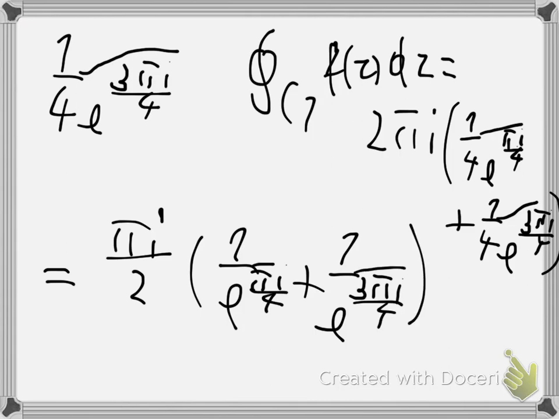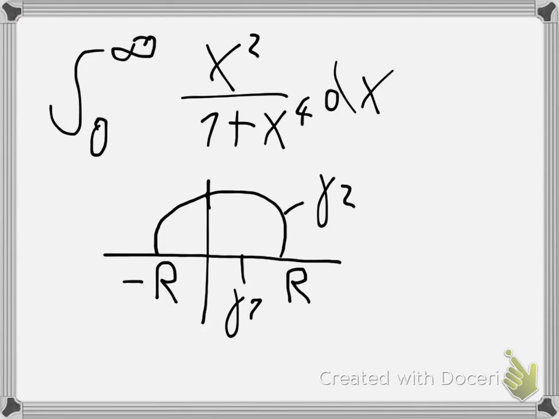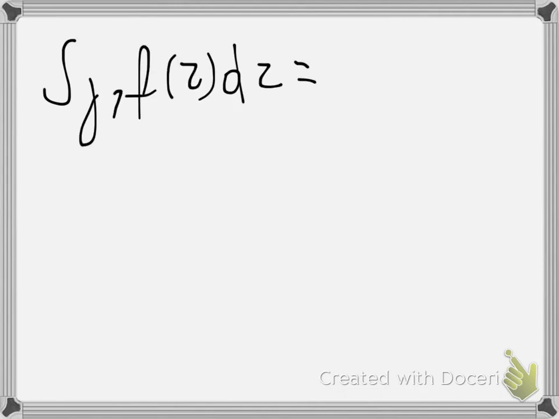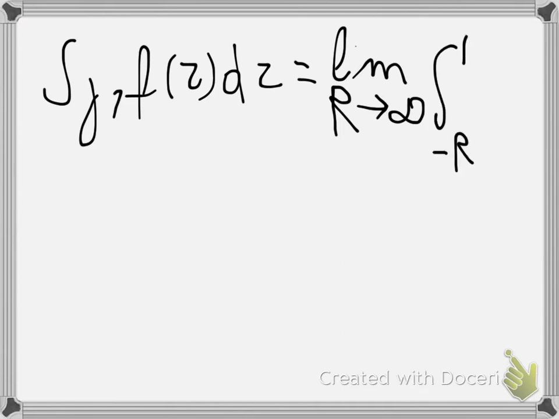Now our contour integral is equal to these two path integrals, over gamma 1 and gamma 2. Our integral over gamma 1 can be seen as the limit where r goes toward infinity, where r is the radius of our half circle, of the integral from negative r to r of our function.